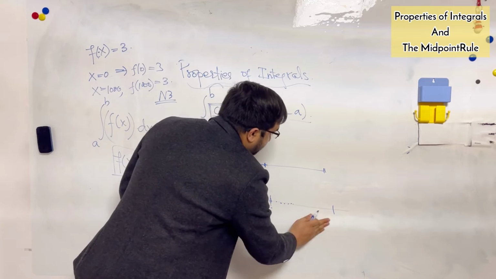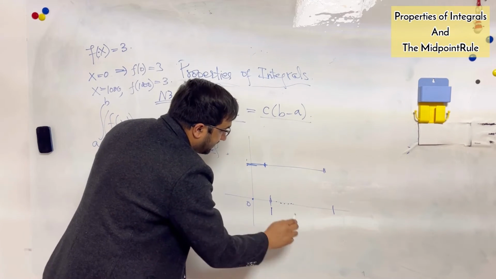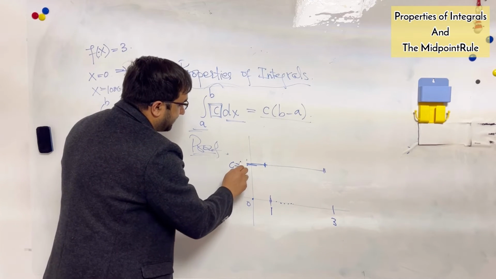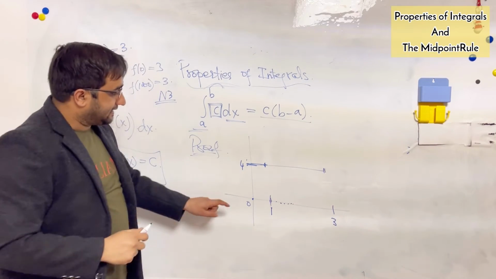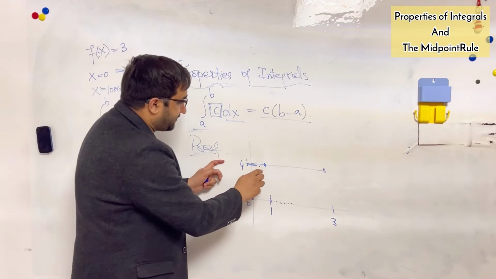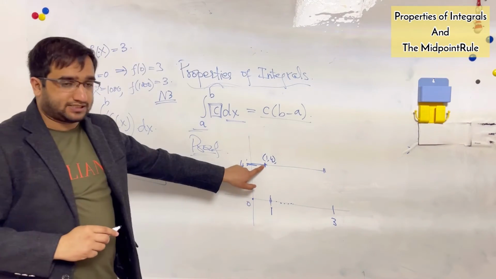If we take them as numbers, that will be much better. Say this is 1 and this is 3, and the constant c is equal to 4. When I put 1 into the function, the answer is 4. So it is the point (1, 4).